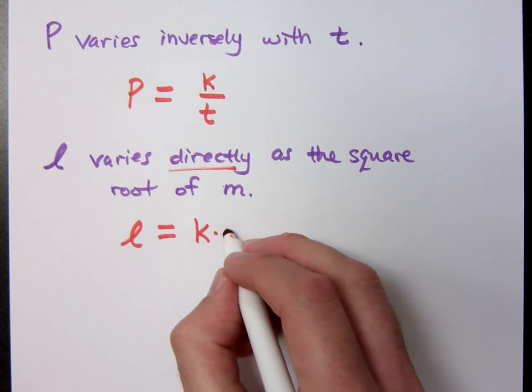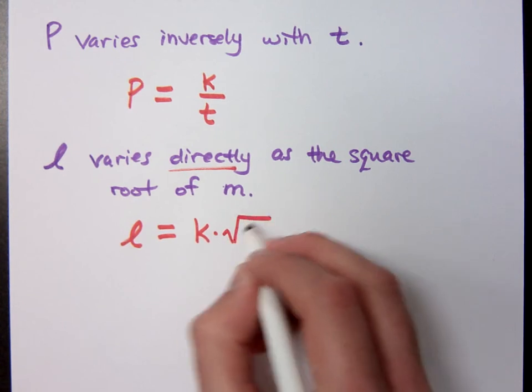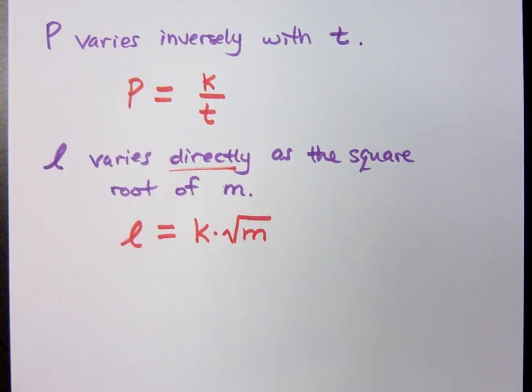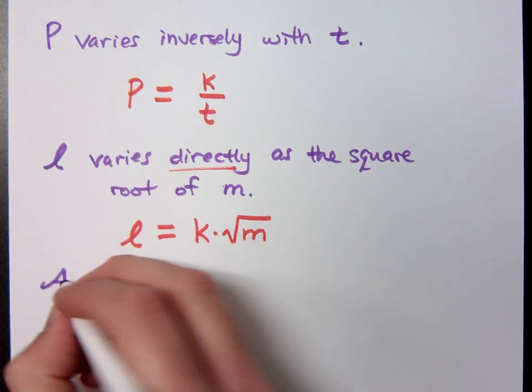So you would actually write the square root of m. What do you think? Let's try another one. Let's make sure we're getting this. Okay.